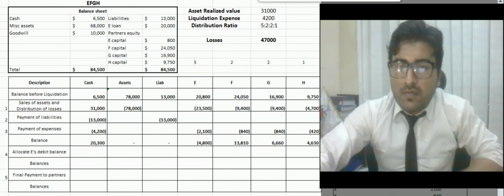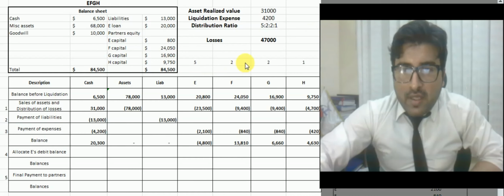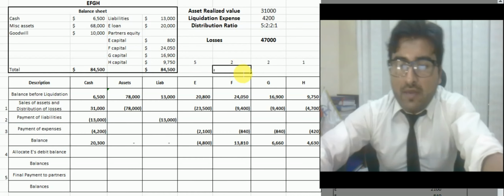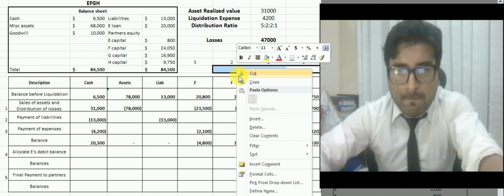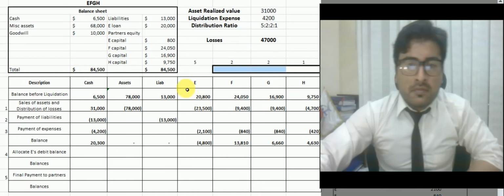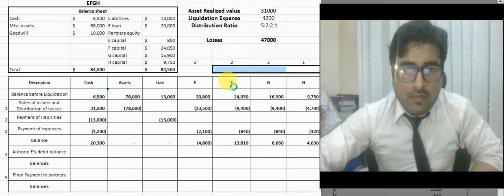What is the new ratio we are deriving here? The new ratio for this individual is 2 of 5. Okay, let me just make one point here. Just wait for a minute.